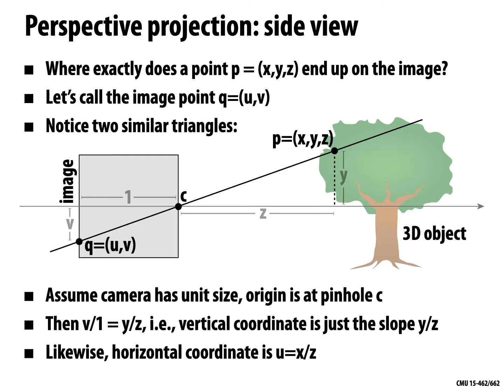Right? U and v start getting smaller as z gets bigger. As the tree goes off into the distance, the coordinates on the image plane shrink. The apparent size of the image shrinks. As z gets smaller, x over z gets bigger and y over z gets bigger, and the image gets bigger.